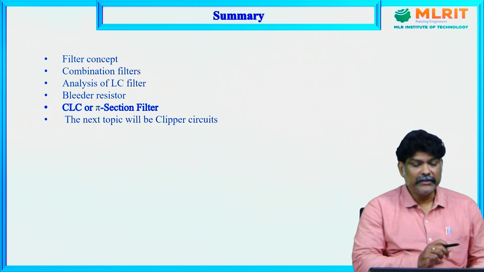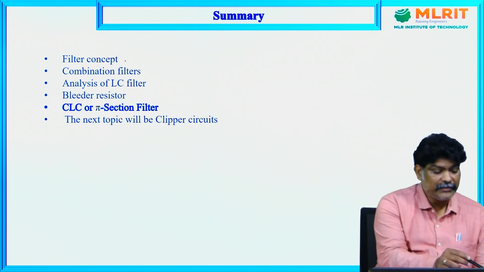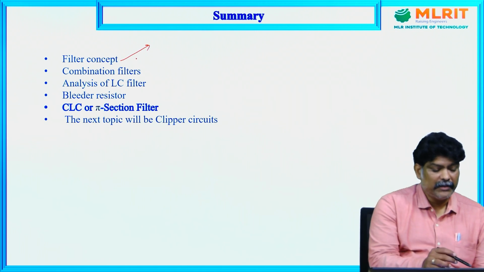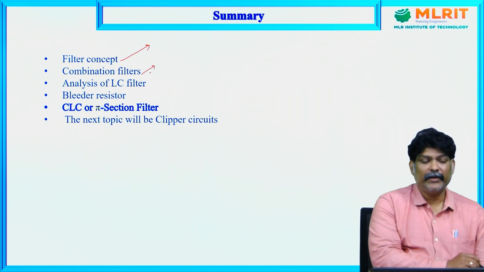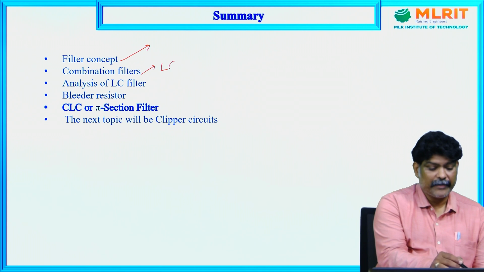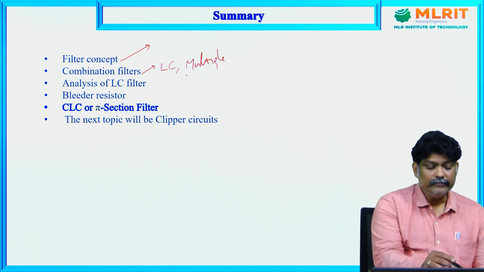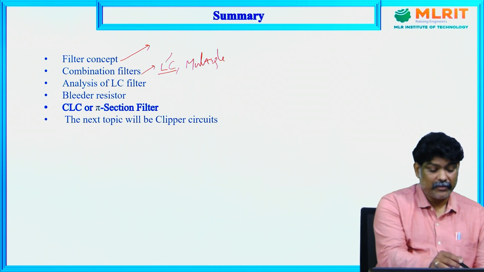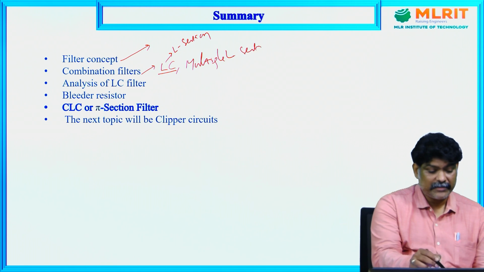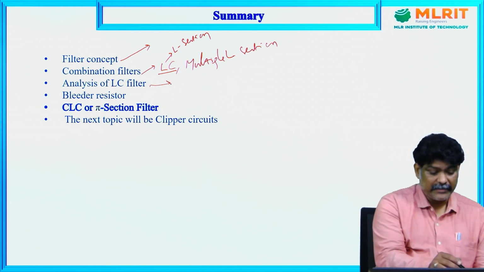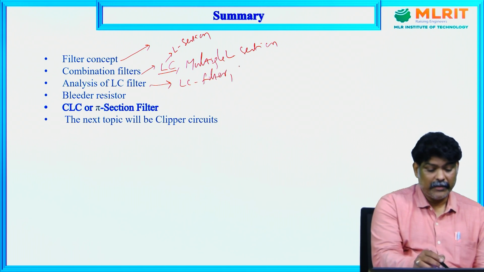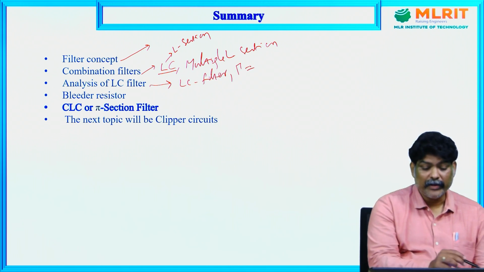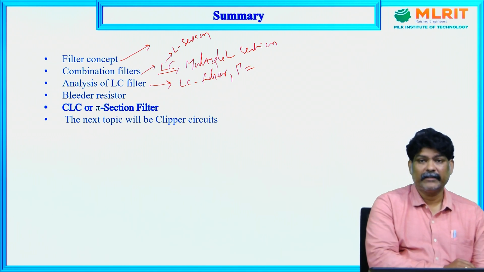So let us conclude. We started with the filter concept and then combinations of filters. Combination means an inductor capacitor filter and multiple ones. The inductor capacitor filter is also called an L section filter, and multiple L section filters we have discussed. Then we analyzed the LC filter, and we derived an expression for the ripple factor.